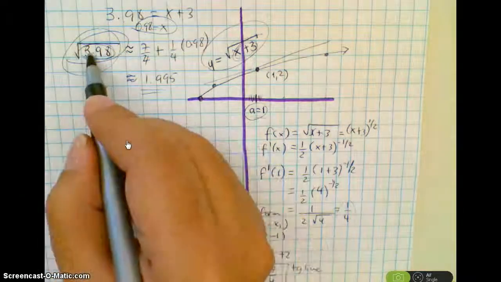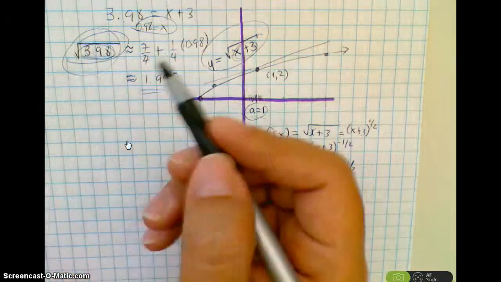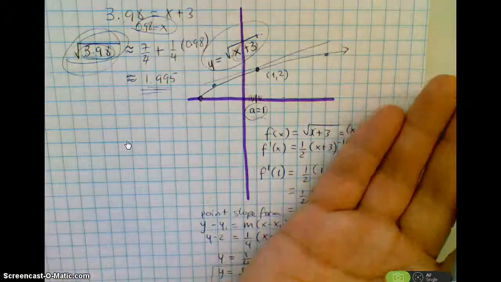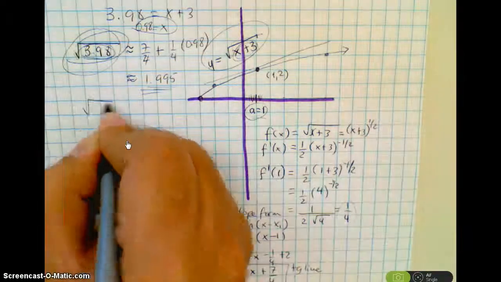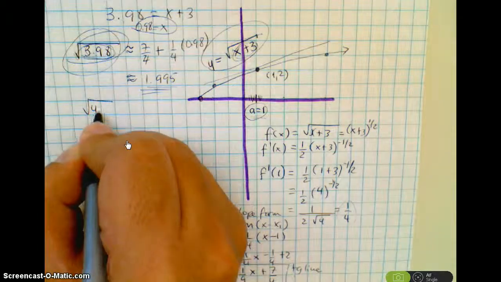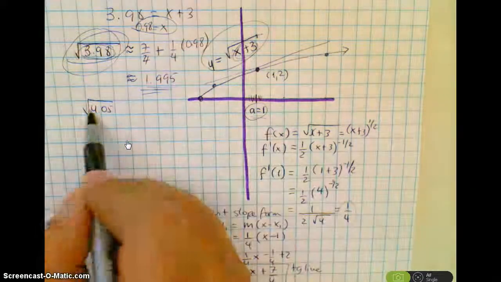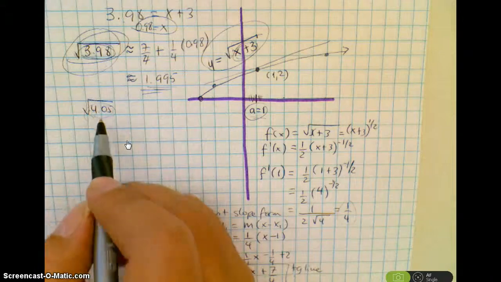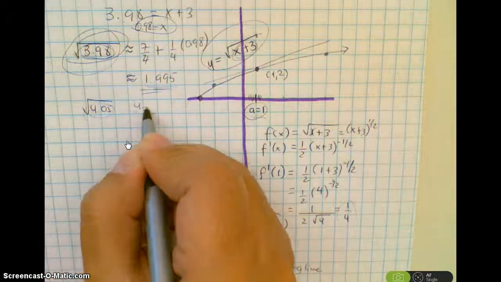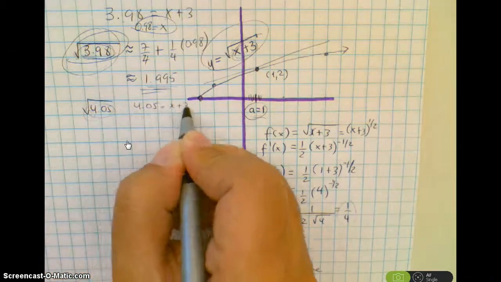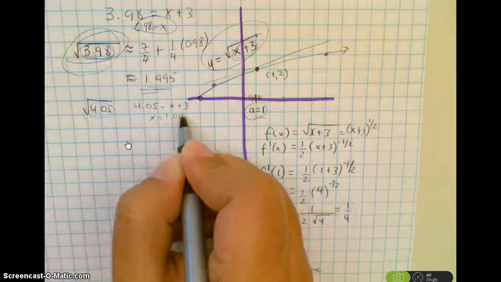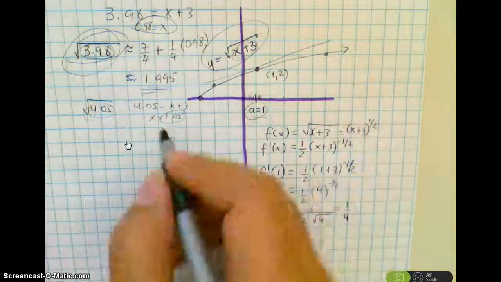This is a number near 4, so the square root of 4 is 2. The square root of 3.98 logically is going to be a number around 2. And then use it for taking the square root of 4.05. So the same idea, how much is x if x plus 3 is 4.05? Subtracting 3 from both sides, x is 1.05, which is a number near 1.